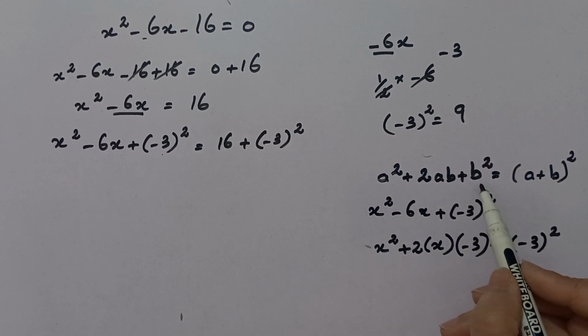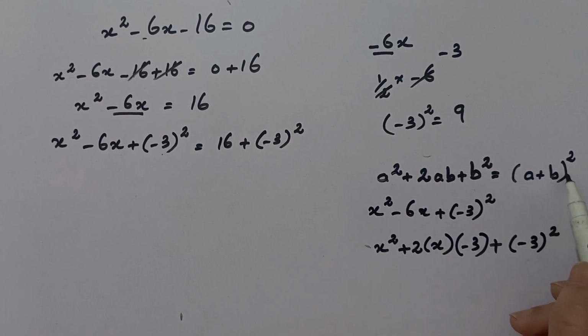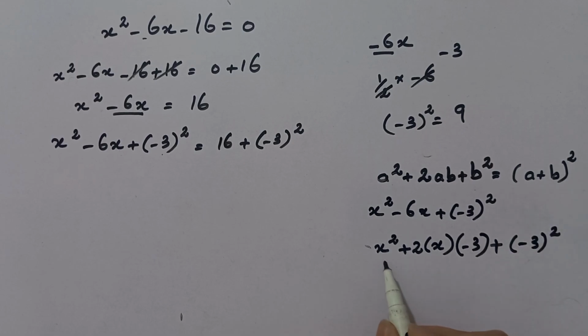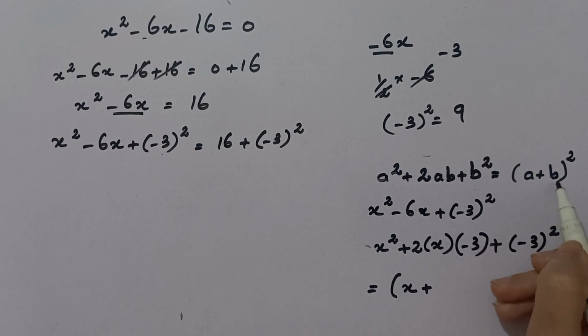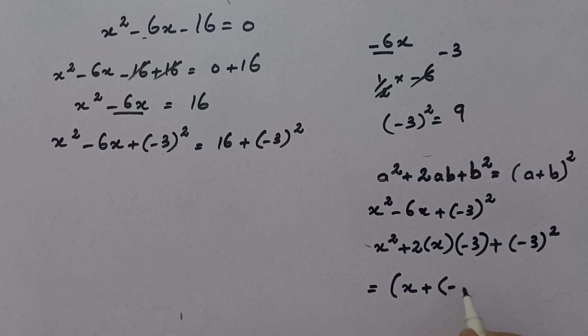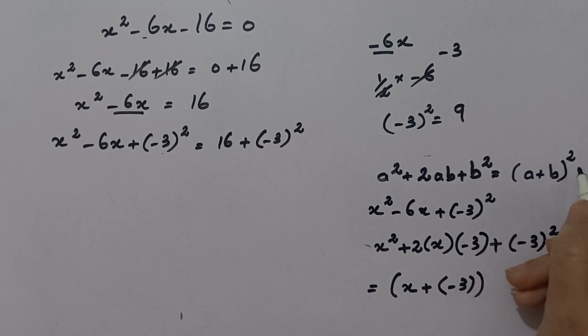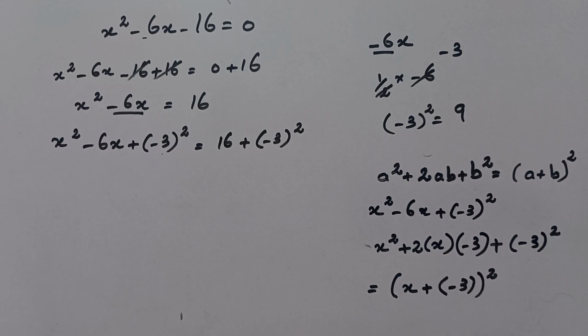Now we see that this expression equals a plus b whole square. Similarly, when we look at this expression, we can write it equal to the first term. Here the first term is x, then plus, then the third term. Here the third term is minus 3 whole square, and it is equal to x plus multiplied by minus is minus, 3 whole square.